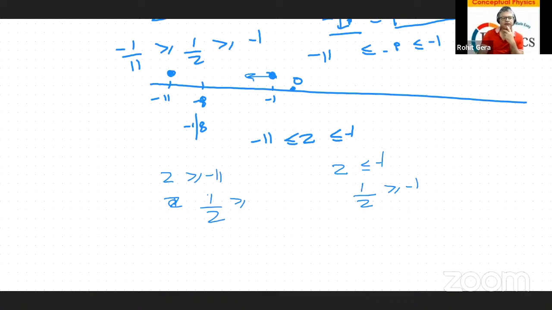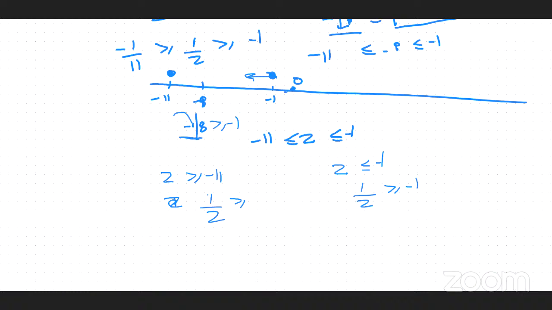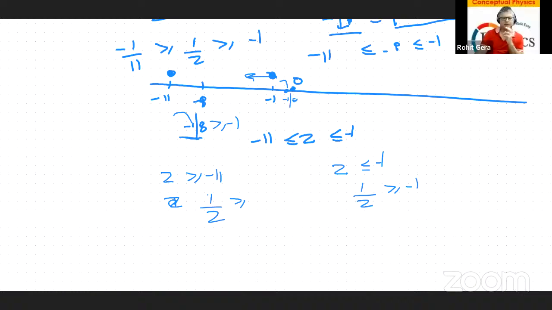If I have this number 8 and I invert it, can I say -1 by 8 is greater than -1? I can, -1 by 8 is here, right? I'm just using a logic in my mind. So I can also say if z is greater than -11, then 1 by z is less than or equal to -11.